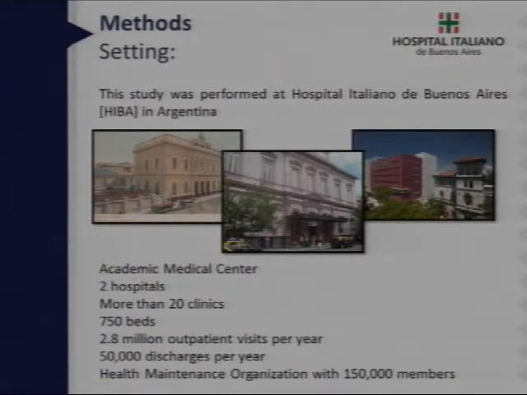It's an academic center, but it's really not just a hospital. It's a network with 2 hospitals, more than 20 ambulatory clinics, 750 beds, and 2.8 million outpatient visits per year. We have about 50,000 discharges a year, and we also have a health insurance plan, and we are in charge of 150,000 patients.